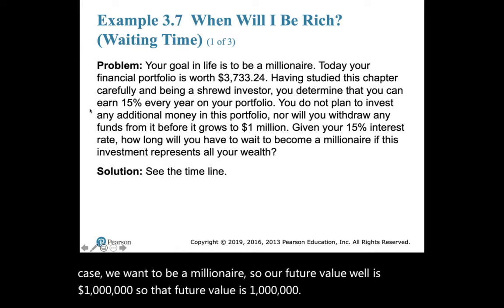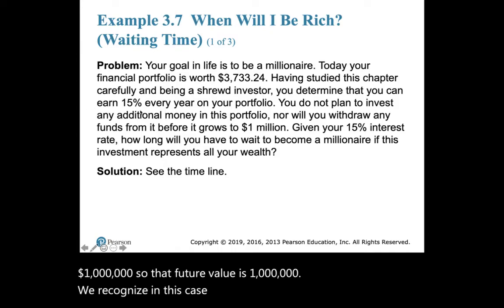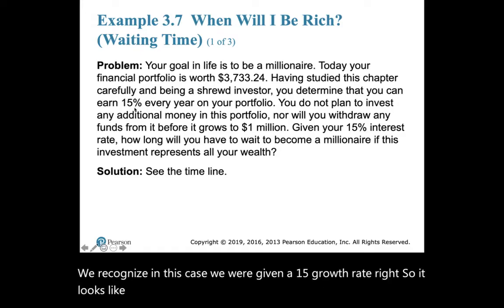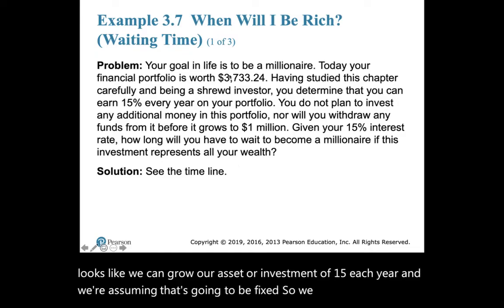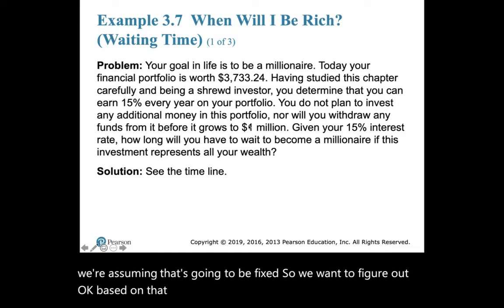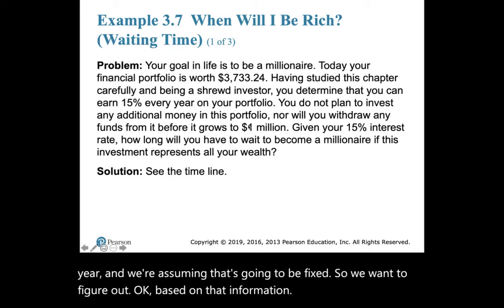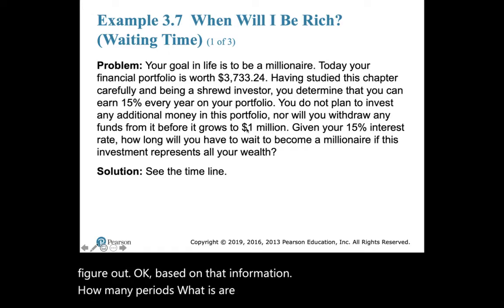We recognize in this case we're given a 15% growth rate, right? So it looks like we can grow our asset, our investment at 15% each year, and we're assuming that's going to be fixed. So we want to figure out, okay, based on that information, how many periods, what is our waiting period in order to become a millionaire? It's a good question to ask.